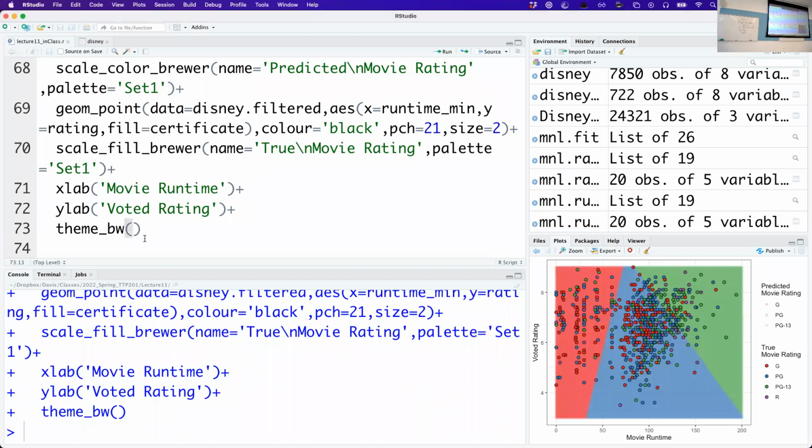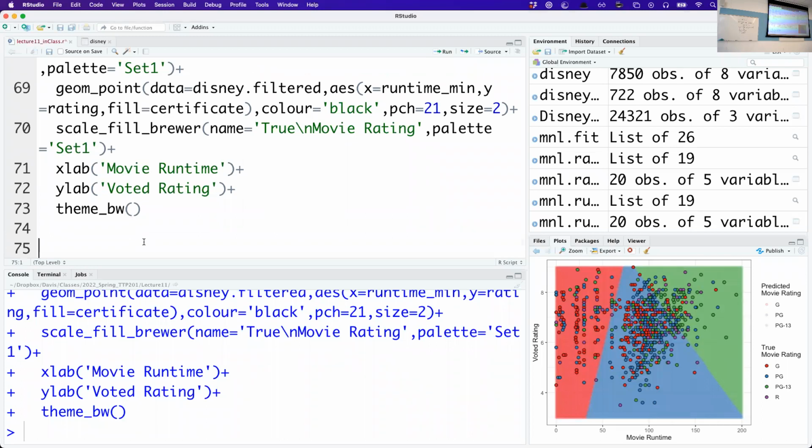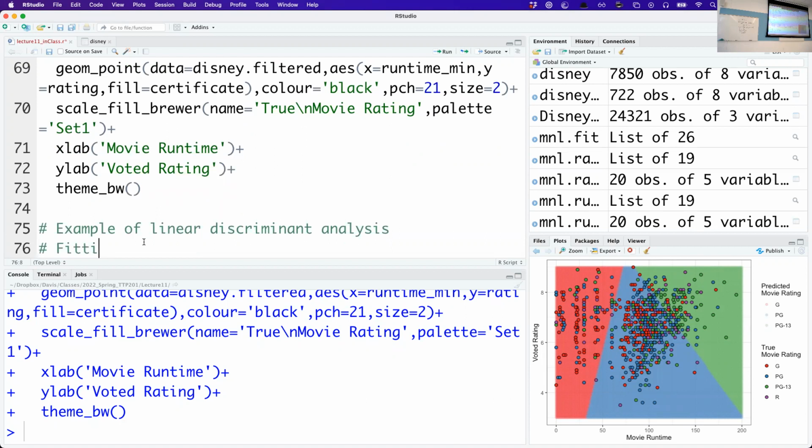So here, we're going to do an example of linear discriminant analysis, and we'll be fitting the LDA model.